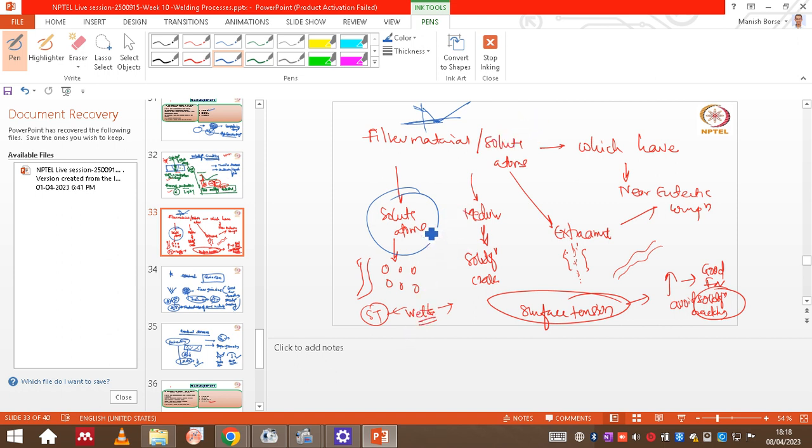But if the solute content is medium, then that will be sufficient to form the continuous liquid film, okay? But if we add extra solute atoms, which shift the composition near to the eutectic, then we have extra liquid at the interfaces, not a thin continuous layer. So whatever tearing is happening will be healed because of that extra liquid, right?